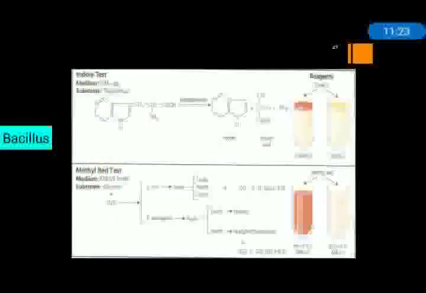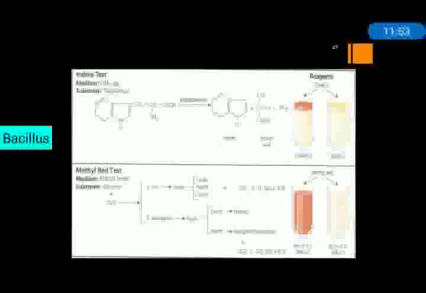The first is the indole test. The medium is SIM agar and the substrate is tryptophan. You can see the tryptophan structure, and tryptophan is enzymatically degraded to indole pyruvic acid. The indole present in the broth is added to the Kovac's reagent, and you can see the ring formation.